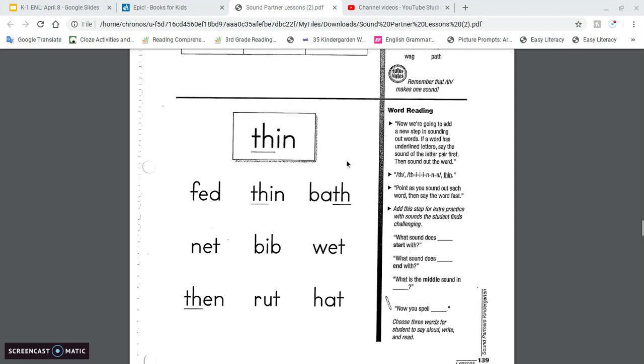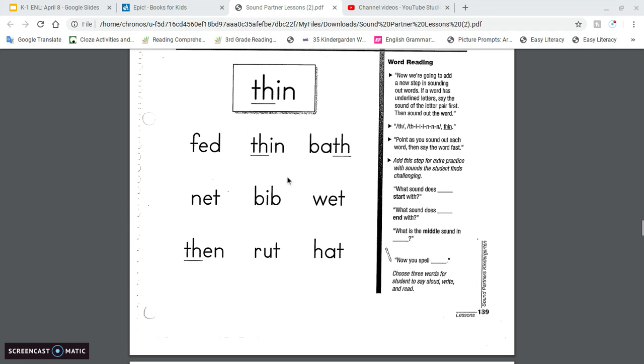Okay. And then coming down to word reading. So now this can get a little tricky with sounding out words just because it's a bigger step. So they actually underlined that for you just to show you that, again, that TH is together. Okay.